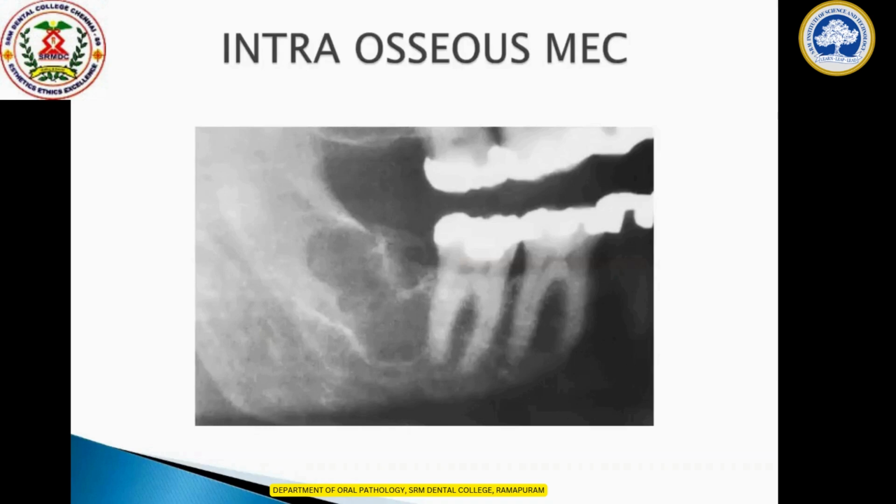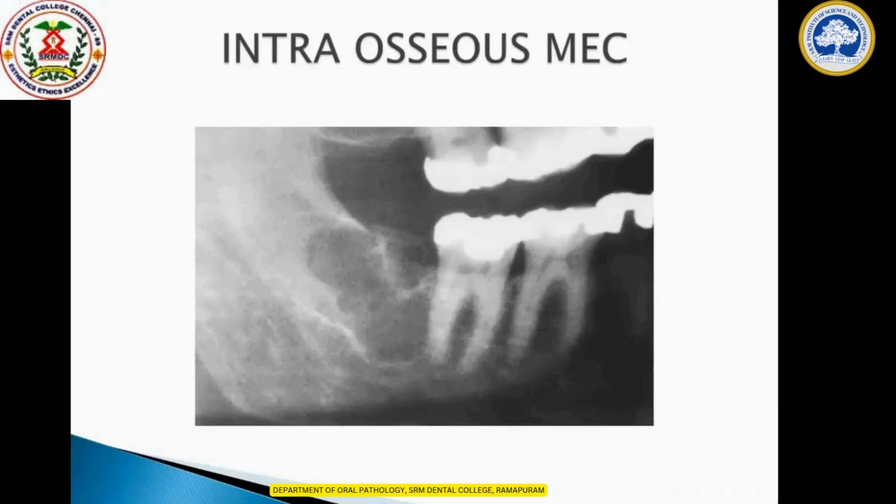In the maxilla, it is seen in the molar area, or the posterior area of the maxilla. These are the commonest sites of occurrence of intraosseous mucoepidermoid carcinoma. It will usually be a low-grade tumor only, not a high-grade or intermediate type.